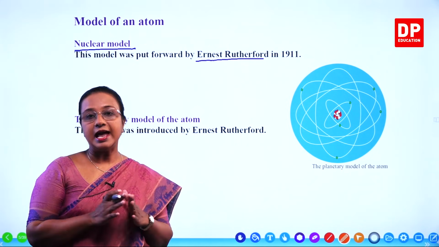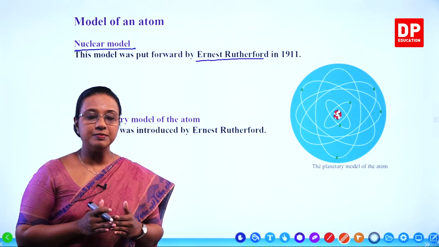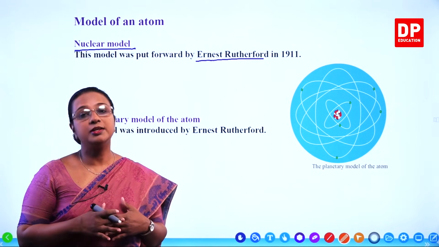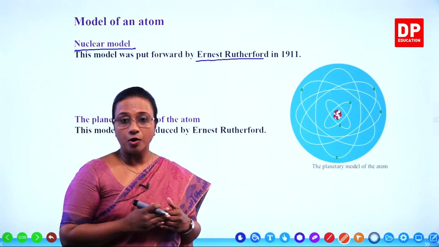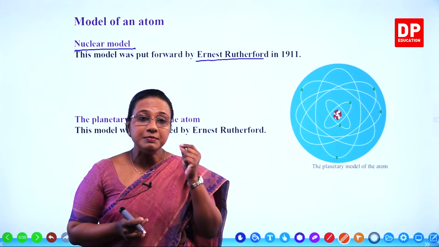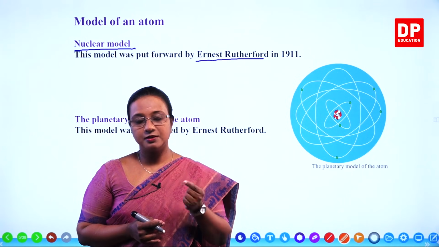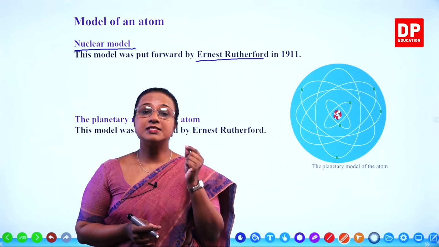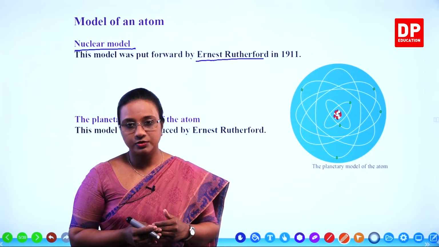If you imagine the size of the atom as a huge football ground, and in the middle of that ground there is a teeny tiny space, a very small space, the size of a chickpea, that is called the nucleus.